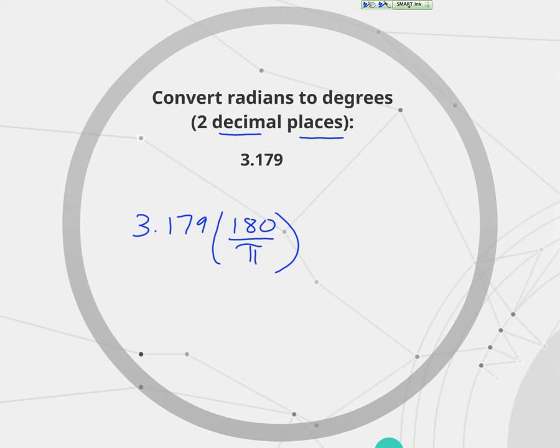And I would just use your calculator on that one. We don't have to leave pi in our answer. This is not going to simplify out cute. So we can just use our calculator to get that answer. So make sure you know how your calculator works.